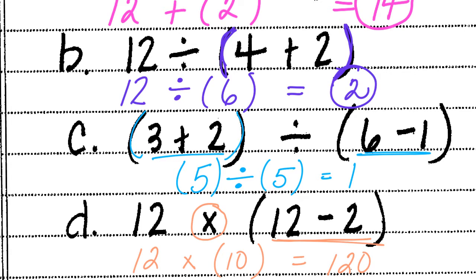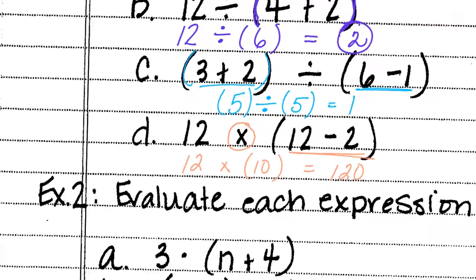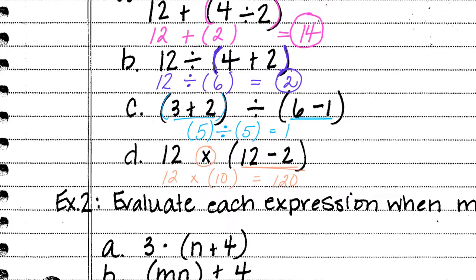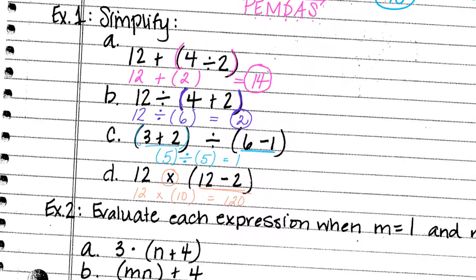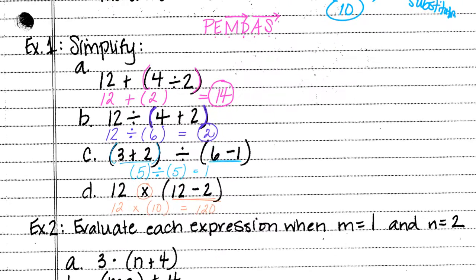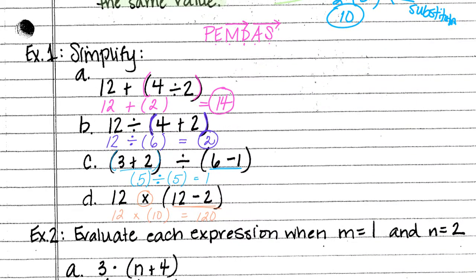So those weren't very difficult, but let's see if it gets a little bit more difficult when we start evaluating expressions. M is equal to 1 and N is equal to 2. So it says let's evaluate the expression when M is equal to 1 and N is equal to 2.